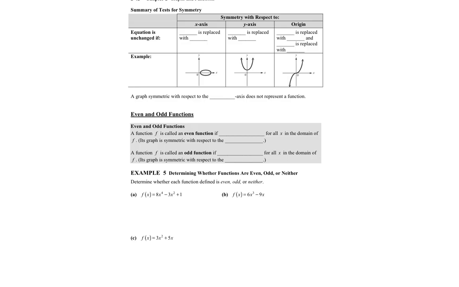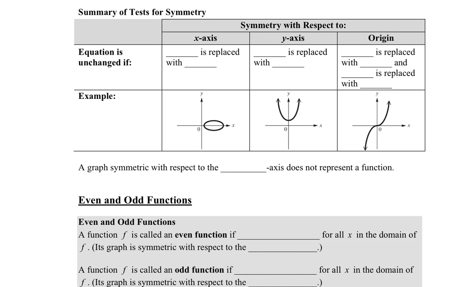All right. So the summary says if y is replaced with negative y, then you have x-axis symmetry. If x is replaced with negative x, then you have y-axis symmetry. And if x is replaced with negative x and y is replaced with negative y, then you have origin symmetry.